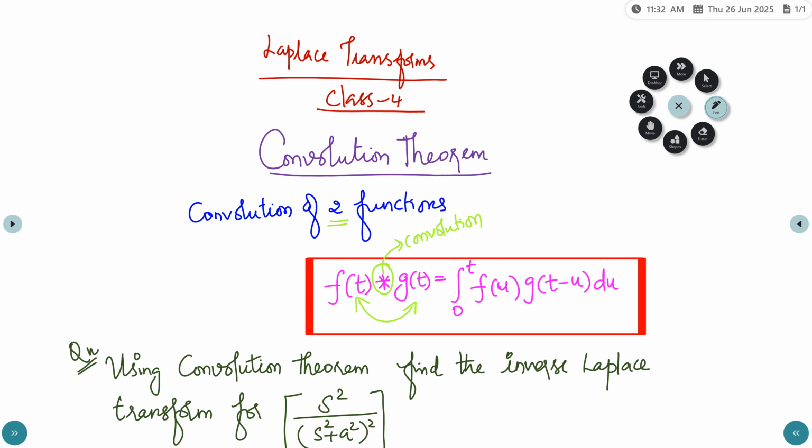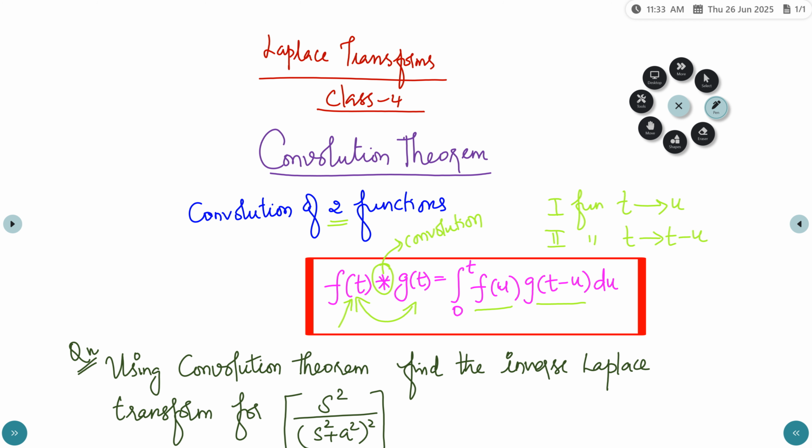The convolution of two functions f of t and g of t is defined as the integral from 0 to t of f of u g of t minus u. That is, in the first function t is replaced by u, and in the second function t is replaced by t minus u.